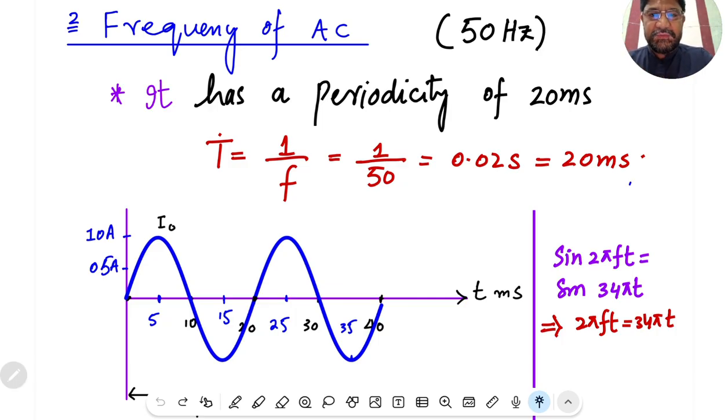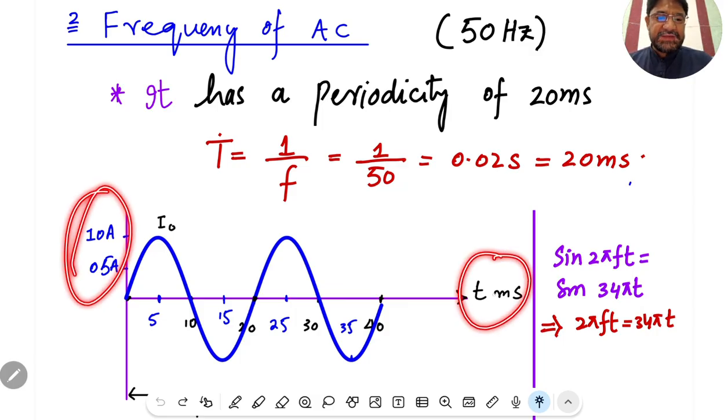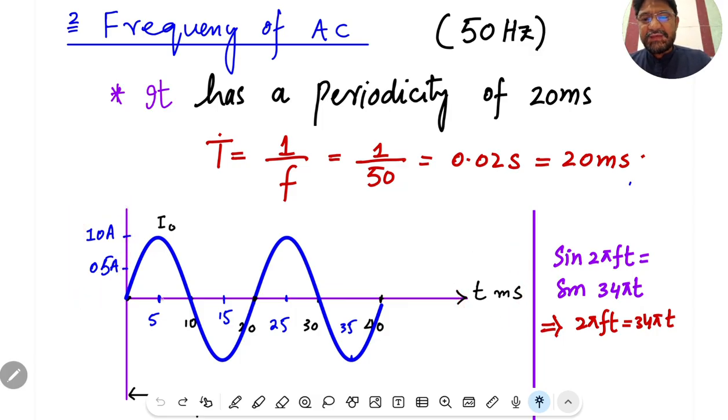Just see, if I show all these properties of the alternating current on the graph, this is the y-axis and time is in milliseconds along the x-axis. On time, 5, 10, 15, 20, 25, 30, 35, 40. I have shown almost 2 cycles.